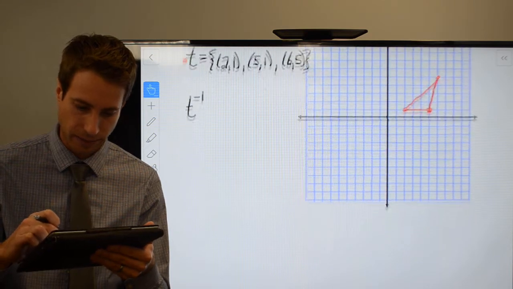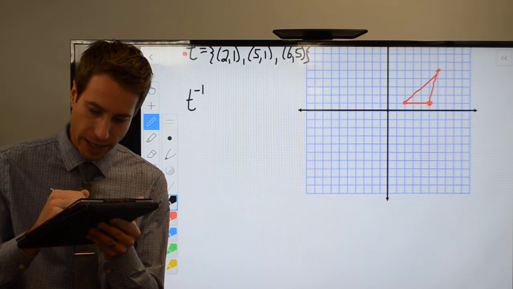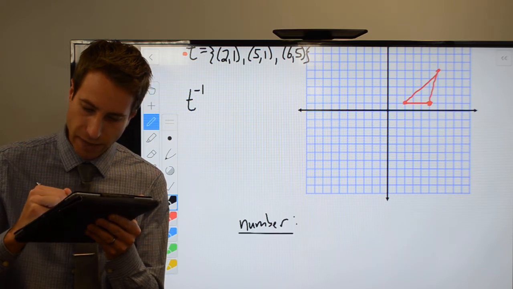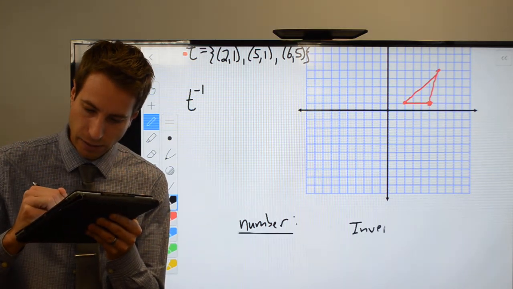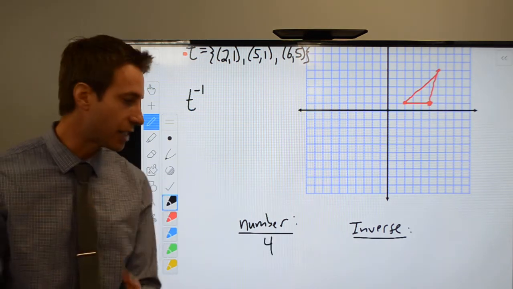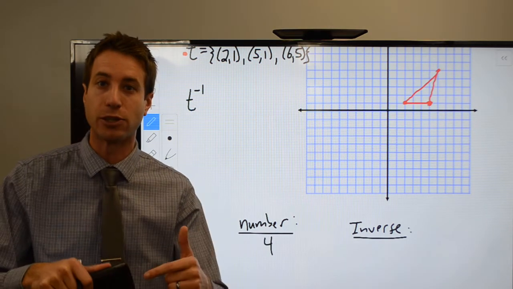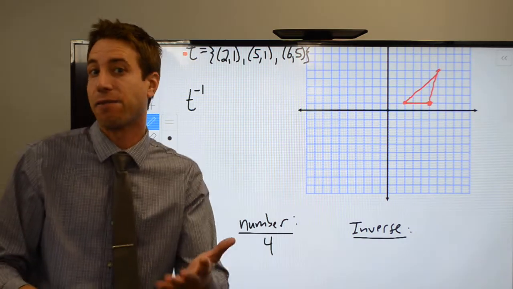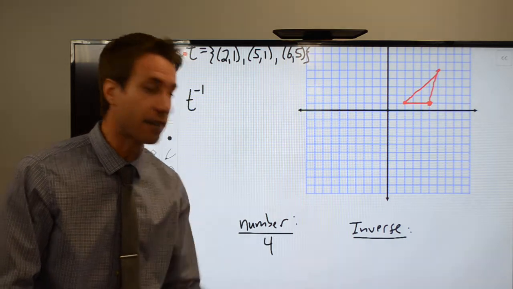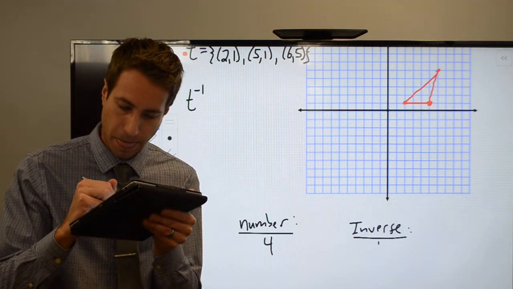I'm going to give you a number, and then you give me the inverse. So if the number is 4, you guys know the inverse of 4 would be to flip that fraction, right? This is technically a 4 over 1, so you flip it, the inverse would be 1/4.